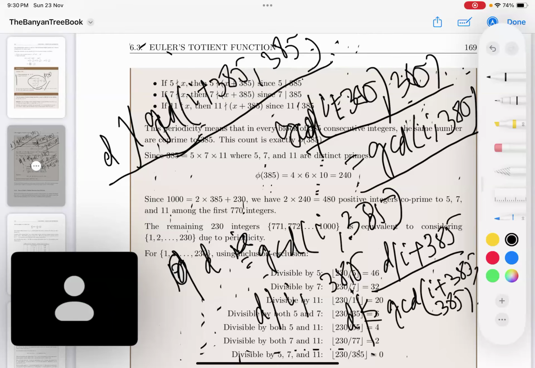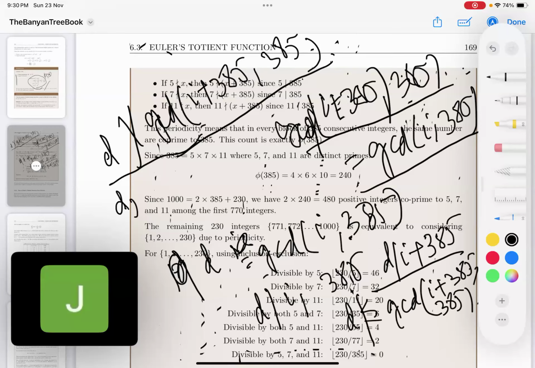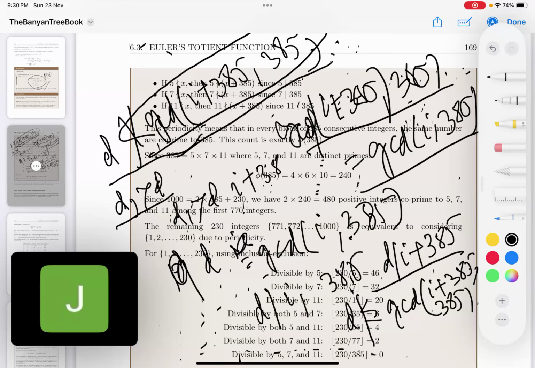Let's assume there is a number D1 greater than D which divides I plus 385 and also divides 385, which means D1 divides I and D1 divides 385. Correct?